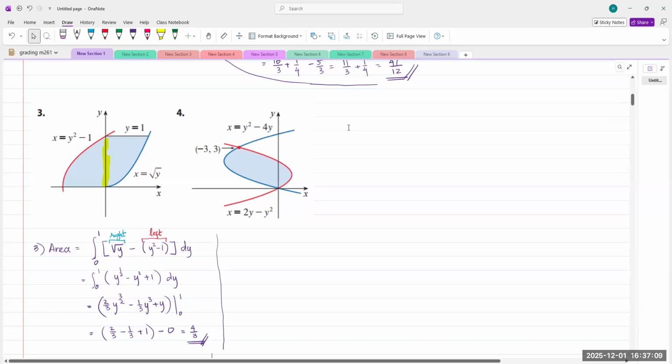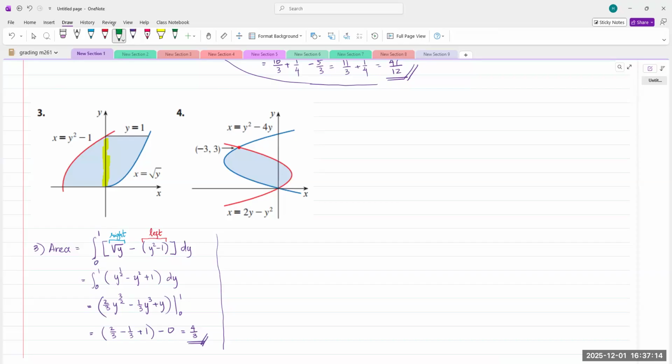Number 4, the domain of integration in y in this case will be from y equals 0 to y equals 3. How do we know, Thomas, that the y here is 3? Well, look at this coordinate here, the y value is what? They must be that one. They implicitly already did the work for us: x equals y squared minus 4y and x equals 2y minus y squared.